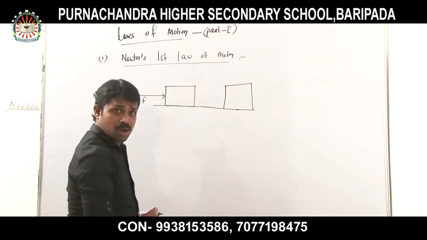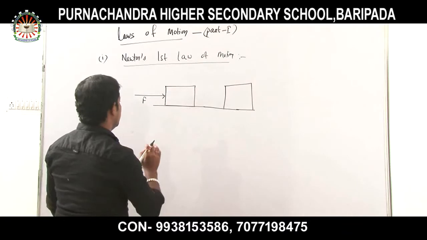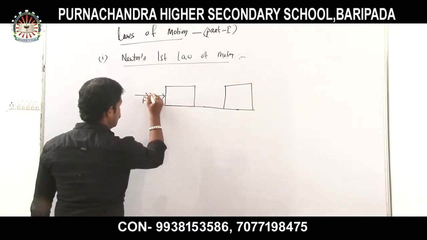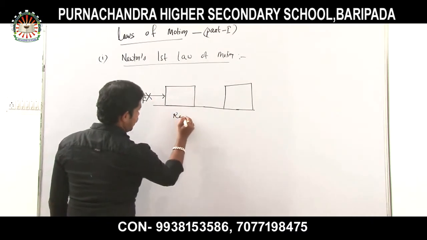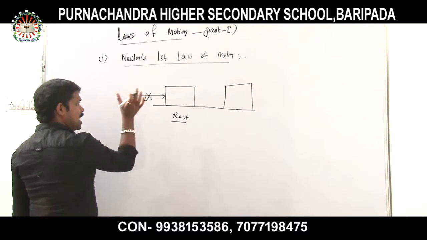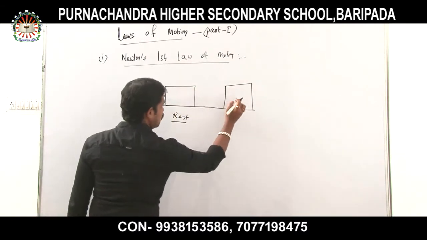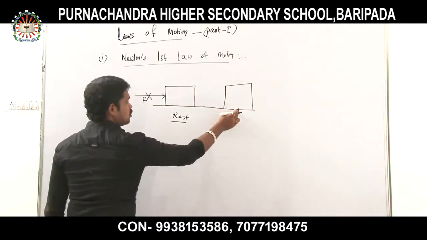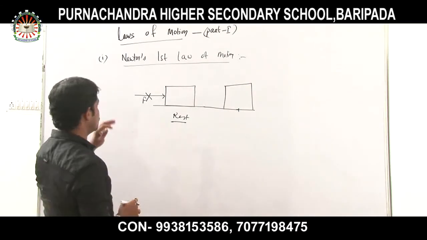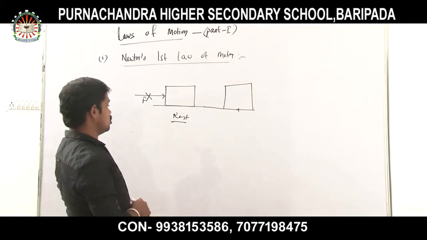Understood? So if there is no force, it remains at rest, and if the force is applied here, then the object moves and comes to this position. This is Newton's first law of motion.